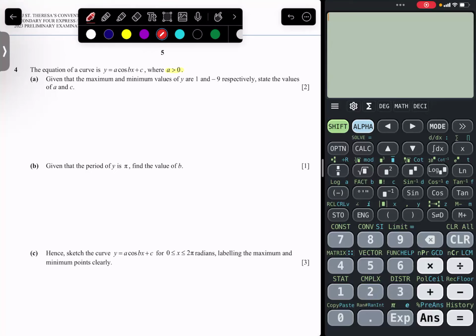So we'll take a equals, wait, sorry, 1 and -9. 1 minus -9 divided by 2.